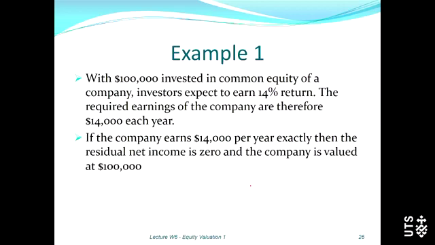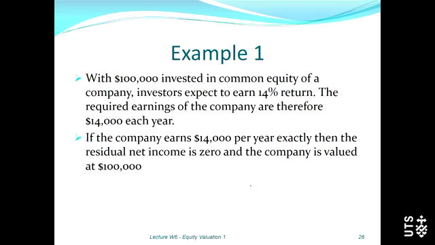Let's go through 3 examples, some simpler than others. Say a company has a book value of equity of 100,000, and investors expect to earn 14%. That means that the minimum they expect to stay happy is $14,000 per annum.